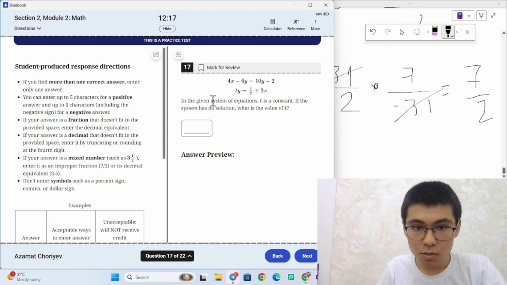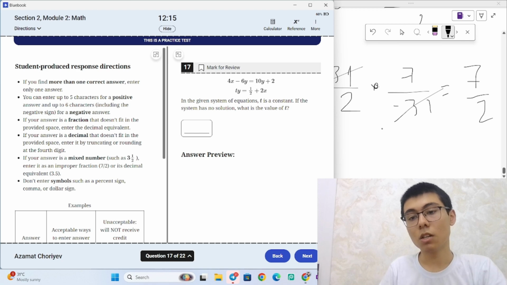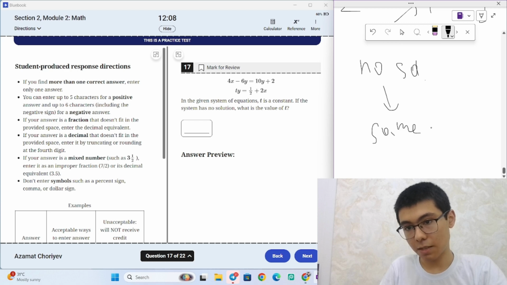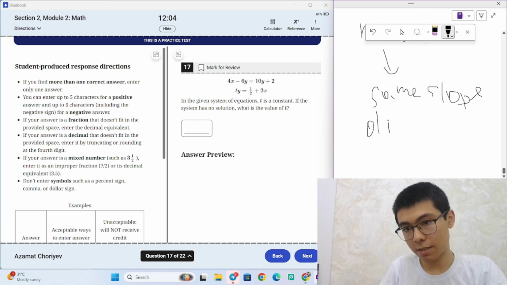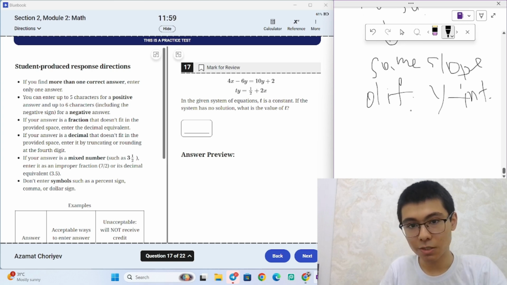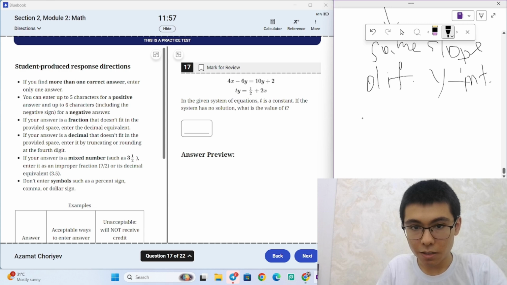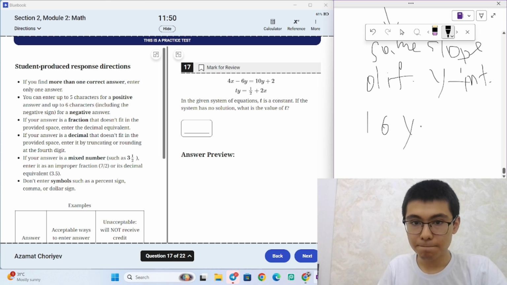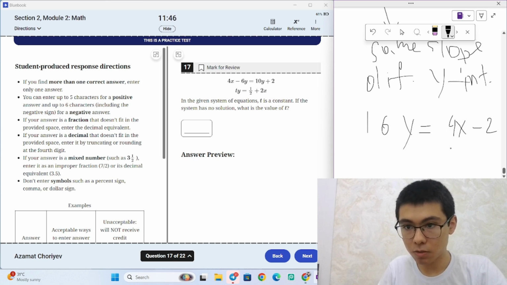So the next one. We have this one, and it doesn't have any solutions. So when there are no solutions, there has to be the same slope but different y-intercepts. Okay, so let me rewrite it. 16y equals 4x minus 2.